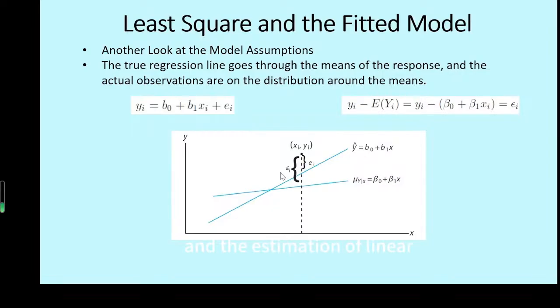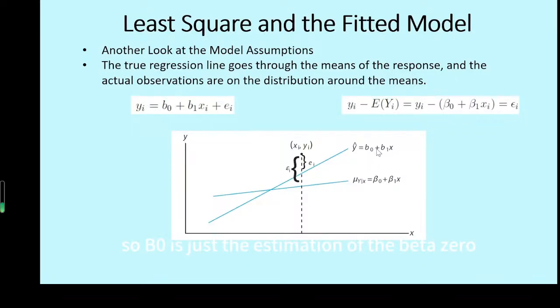And the estimation of the linear regression model is based on the idea that we will minimize the sum of the squares of this e_i, which is the error between the observations (xi, yi) and this fitted line. So y hat equals b0 plus b1x.